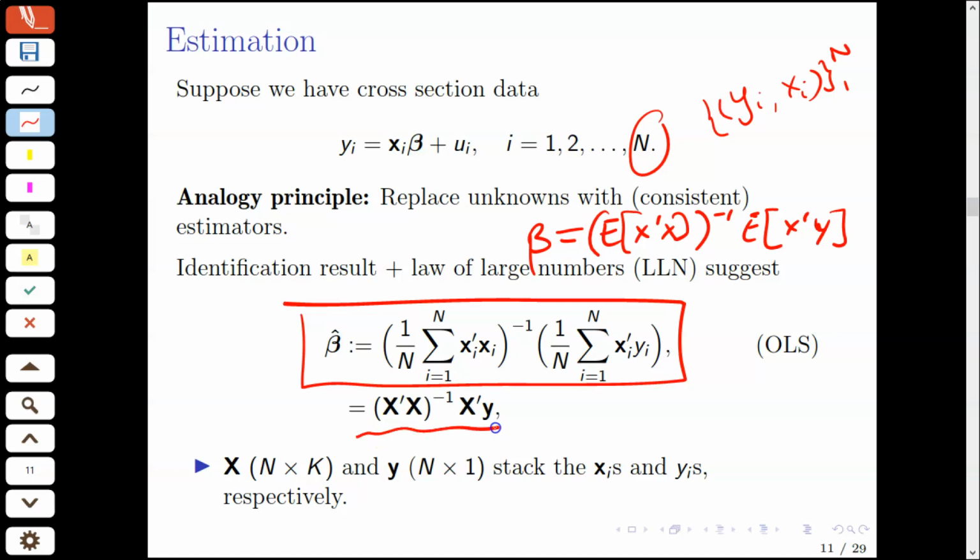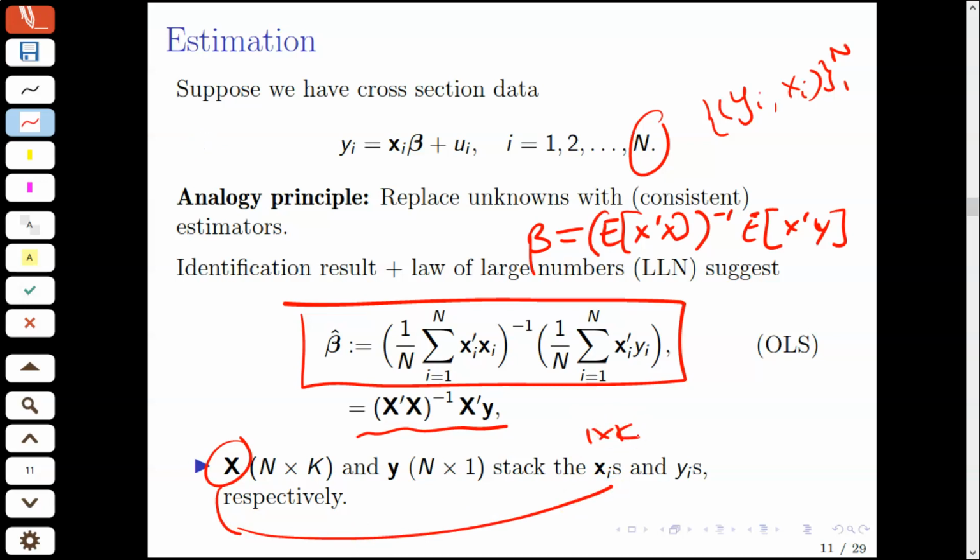The second expression here is also very handy, but mainly for computation purposes. Here I'm expressing the OLS estimator using solely linear algebra. And just to be clear here, this boldface capital X denotes the n by k matrix arising from stacking the x_i's, which are all 1 by k.